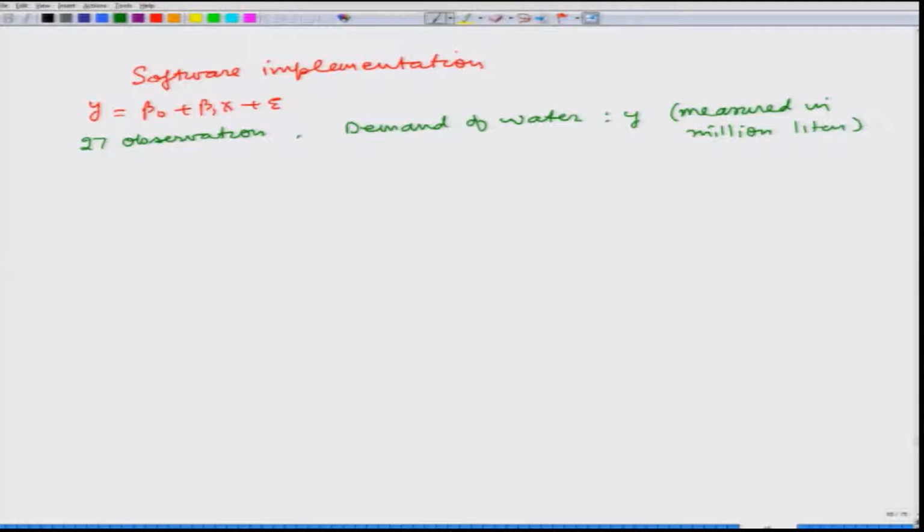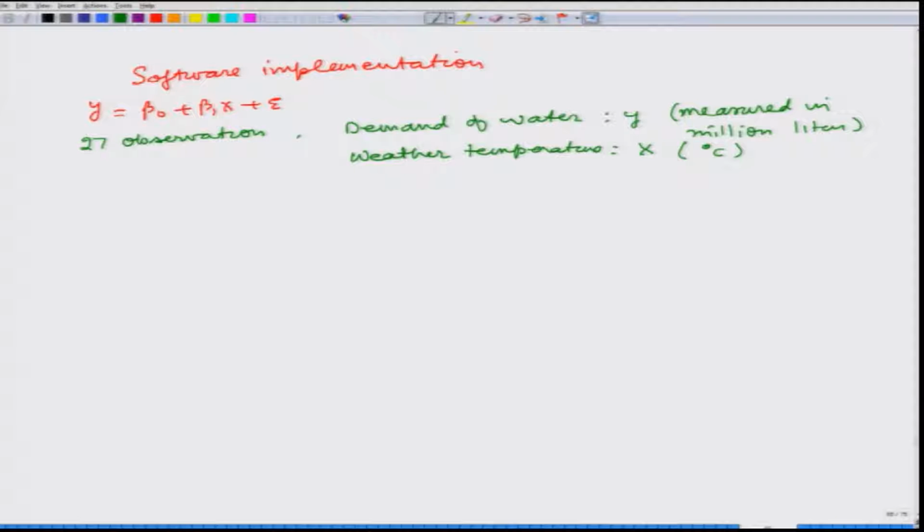And we know that the demand of water depends on the weather temperature. So, we take x as our independent variable, denoting the weather temperature on a particular day, measured in degrees centigrade.